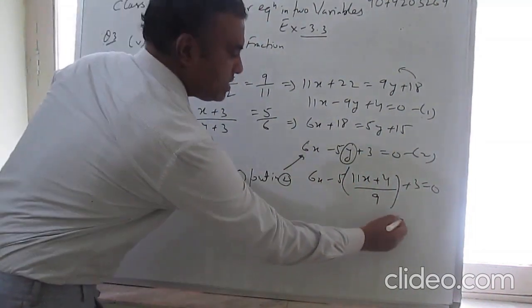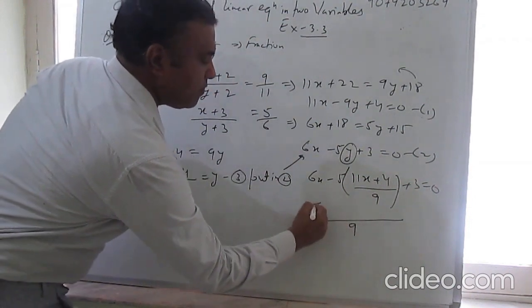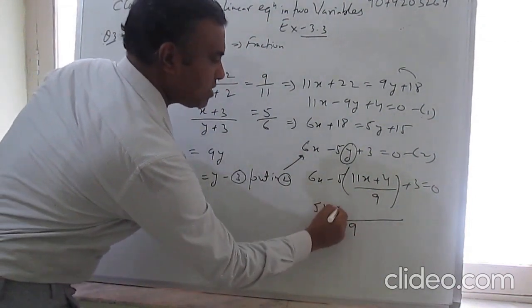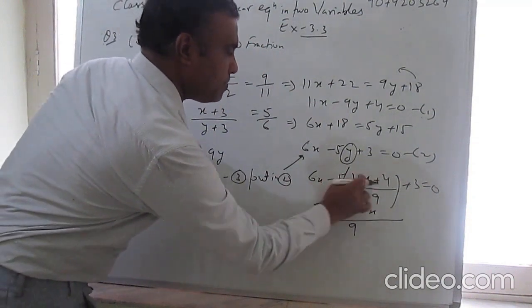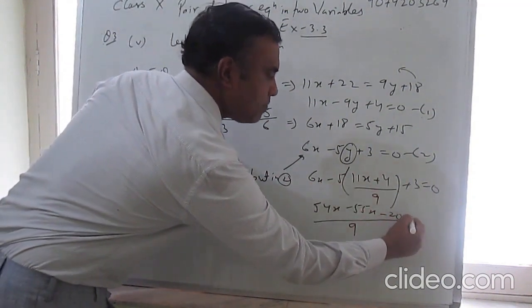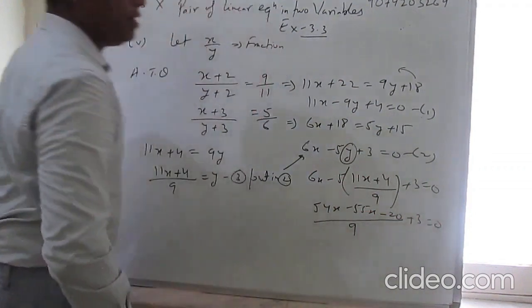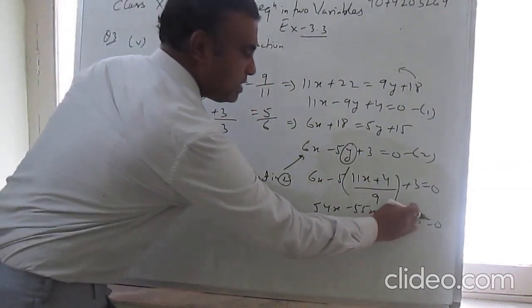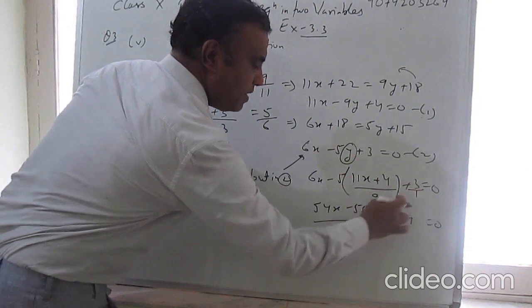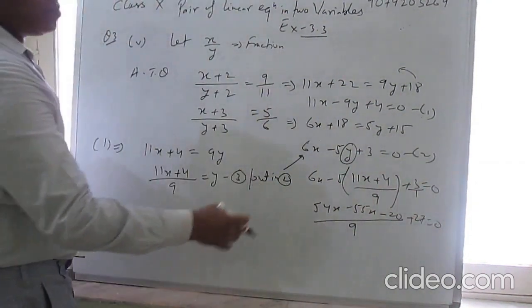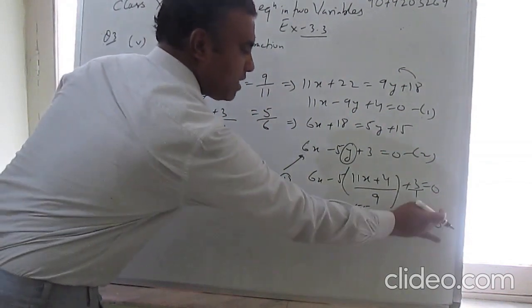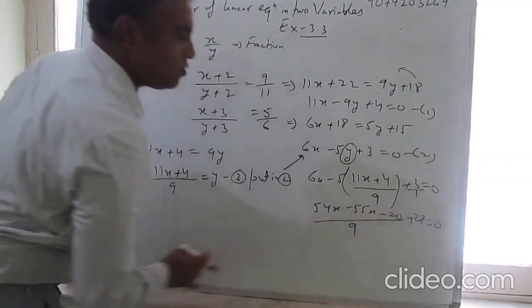Now take 9 LCM. 54x minus 55x minus 20 plus 3 is equal to 0. Now take 9 LCM, so it is 1 divided by 9, it is 27. Now cross multiply, जब cross multiply करेंगे तो 9 0 हो जाएगा, 0 into 9 0.